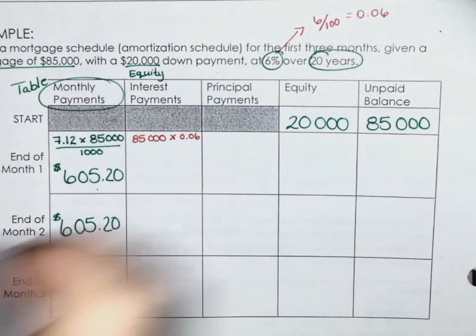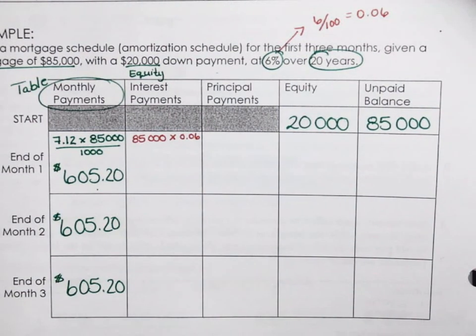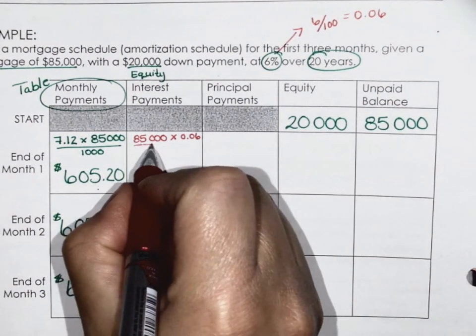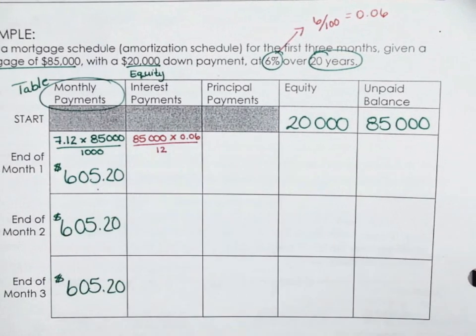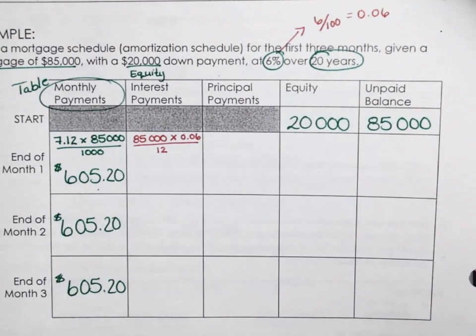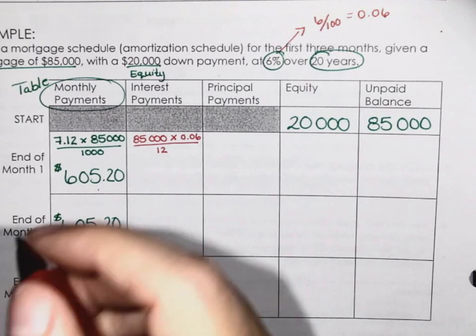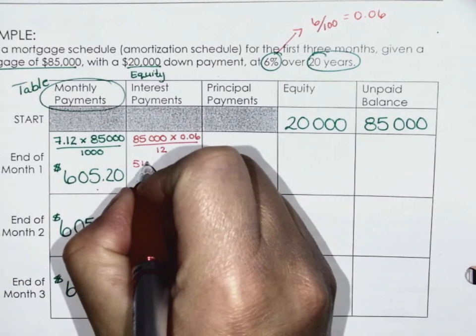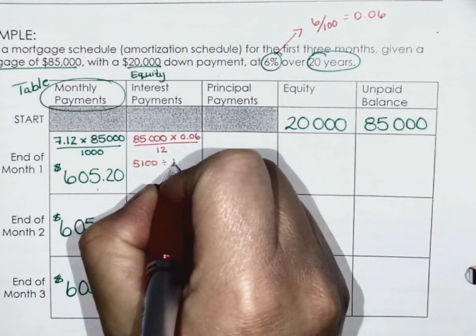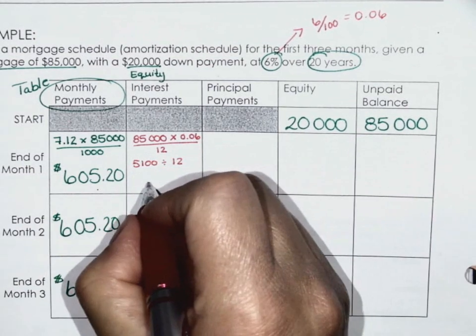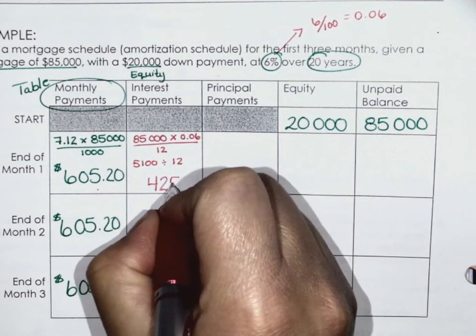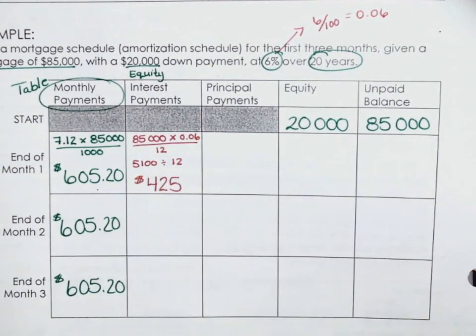And then because it's monthly, we're going to divide by 12, because we're looking for the monthly interest payments. Okay, so 85,000 times 0.06. I get 5,100 divided by 12. That's going to give me $425.